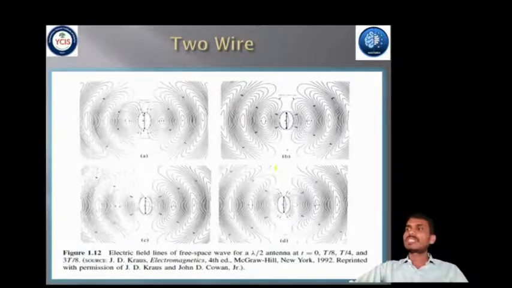This is the free space wave radiated by the lambda by 2 antenna, that is the dipole antenna, and the fields in the immediate vicinity of the antenna are essentially the same as those of the prolate spheroid. Now the question still unanswered is how the guided waves are detached from the antenna.